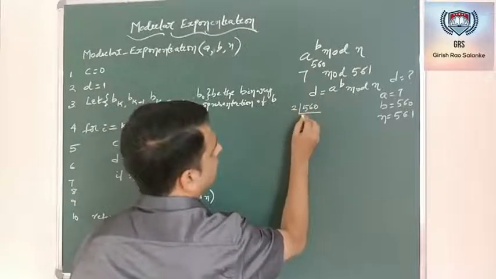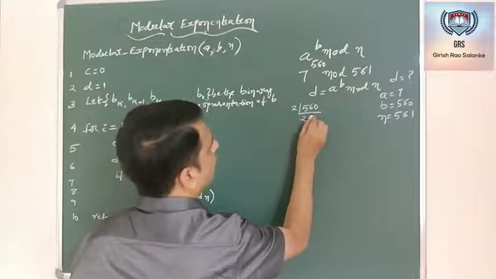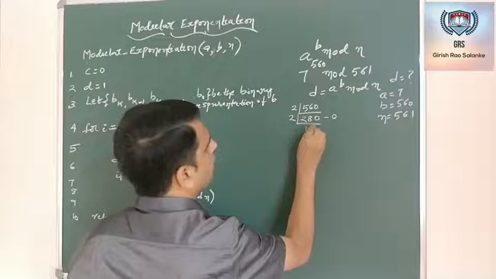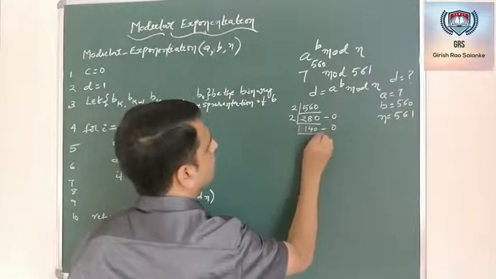560 by 2 is 280, remainder is 0. 140, remainder is 0.